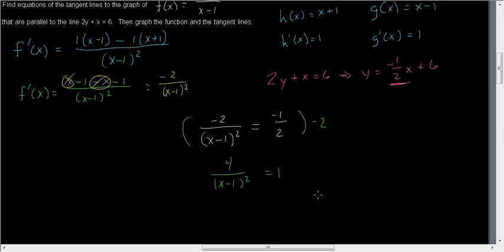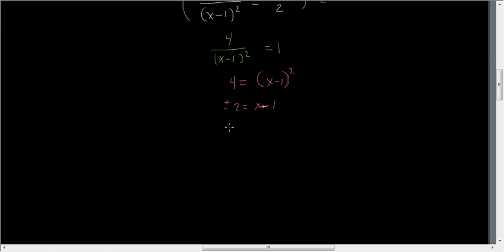Solving for x from there, you'll multiply both sides by the quantity x minus 1 squared to get 4 is equal to x minus 1 quantity squared, which means that plus or minus 2 is equal to x minus 1, which means that x is equal to 1 plus or minus 2. So x is either -1 or 3.